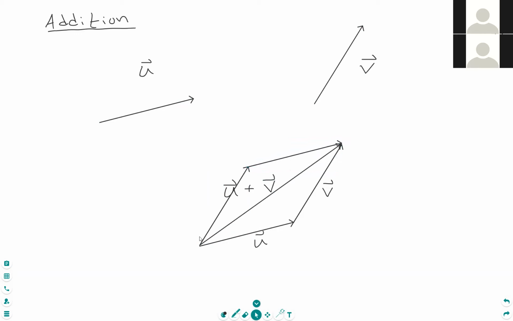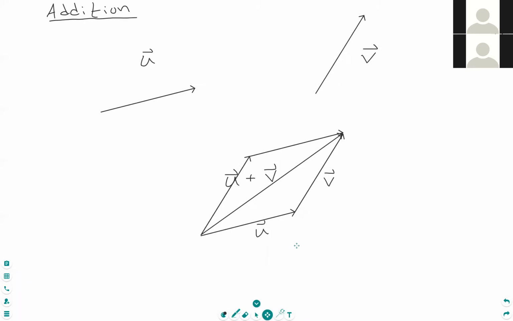I have the same resulting vector, the hypotenuse that I create from each triangle, right? And this stays the same. So it doesn't matter if you do u or v first, it still makes the resulting vector here, this hypotenuse, the addition of the two. That's one nice feature about this remote learning.